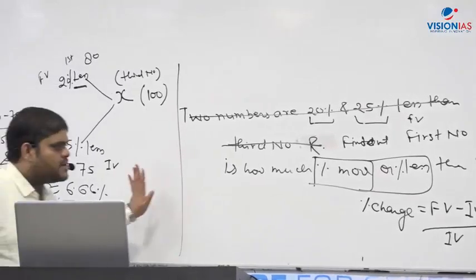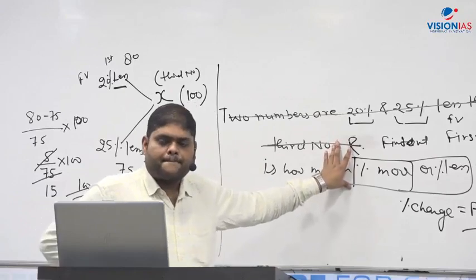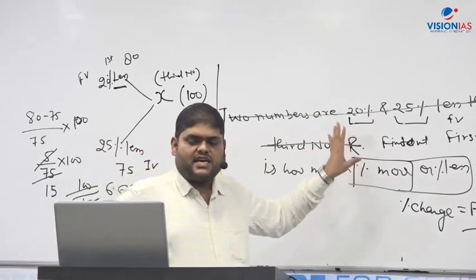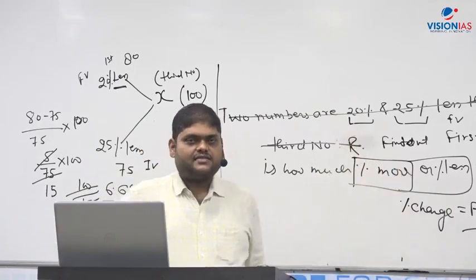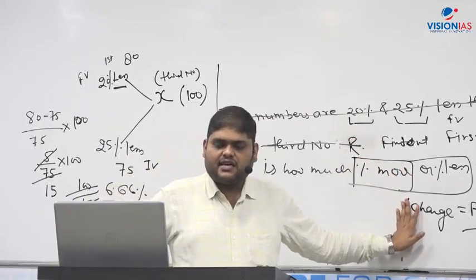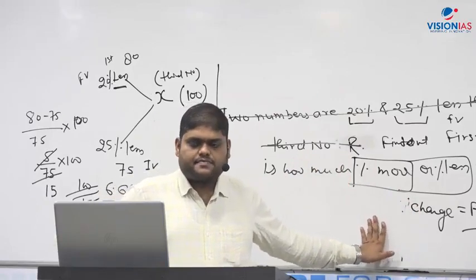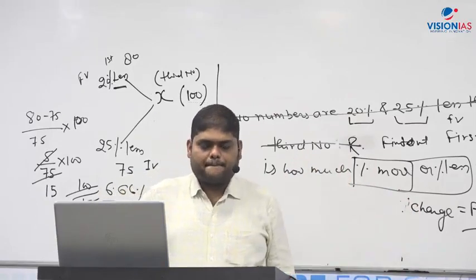Now tell me, is this an easy question or a difficult question? If you know the concept, this is easy. If you don't know the concept, this is difficult. Tell me.